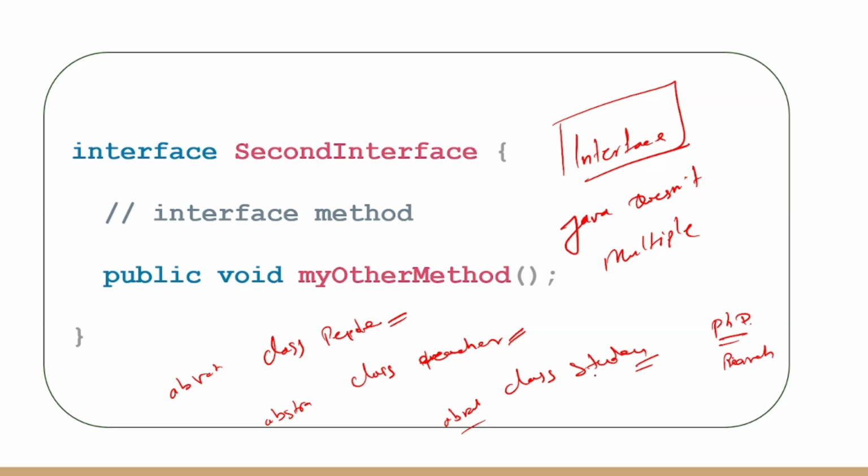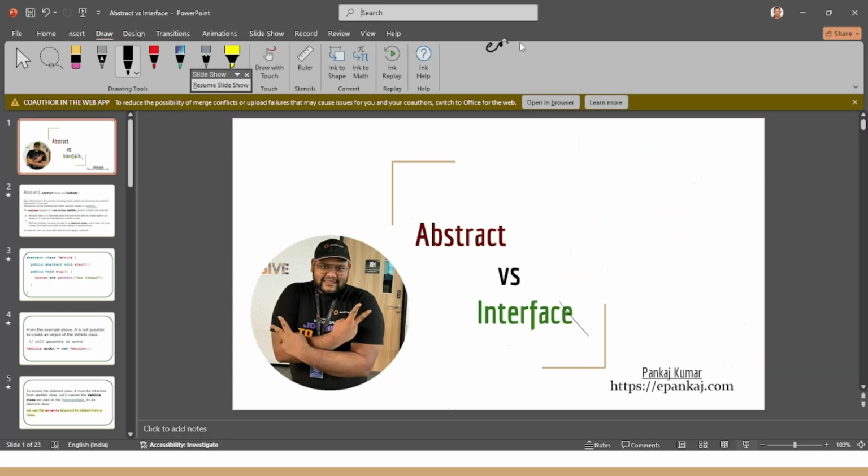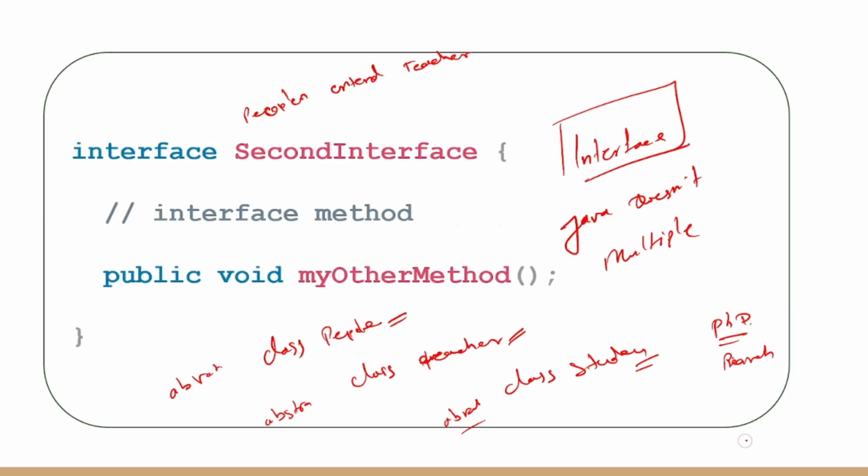So Java will not allow inheriting all three. Suppose I am writing that People extends Teacher, extends Student.